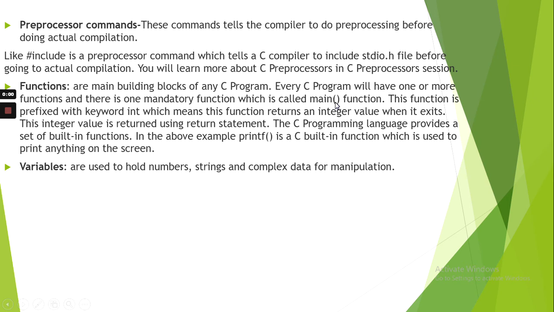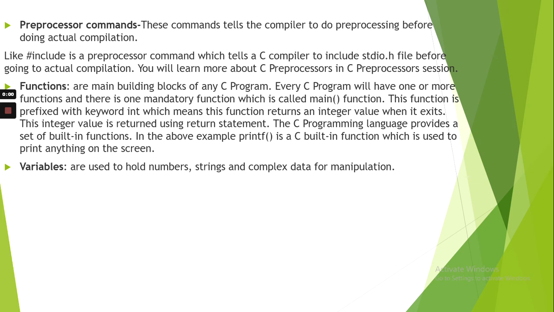Then we have other built-in functions which are used to do different things. For example, we have printf. You saw that part where we wrote printf hello world. Printf is a built-in function which is used to display whatever you have written on the screen. So we have those two functions. We have other functions that we are going to discuss later.